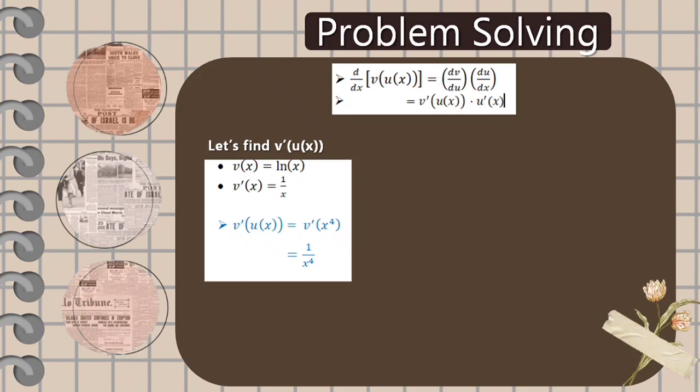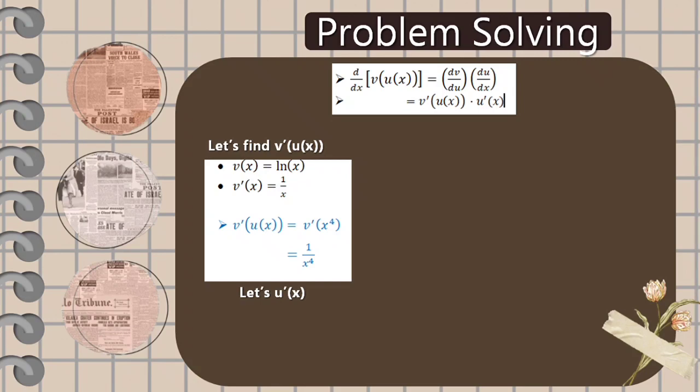This means that the derivative of v of x is equal to 1 over x. So the derivative of v of u of x is equal to the derivative of v of x to the power of 4, which is equal to 1 over x to the power of 4.